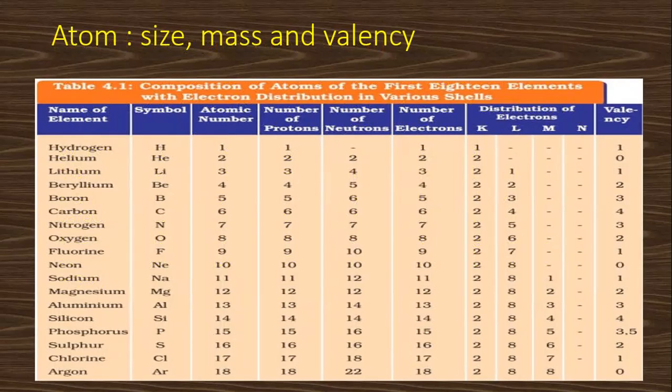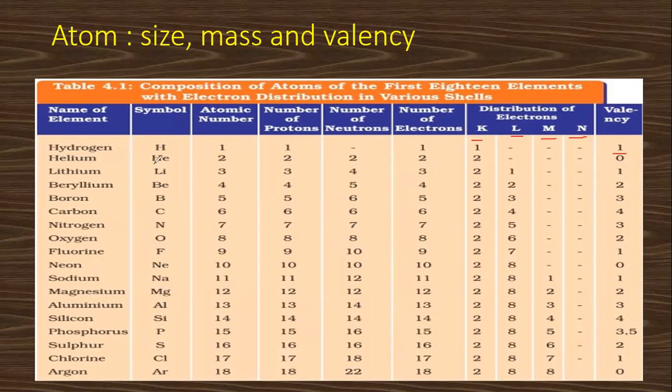Distribution of electrons is in different shells: K, L, M, N. So what is the valency? 1. So here we can see how to form the molecular formula according to their atomic masses and atomic numbers.